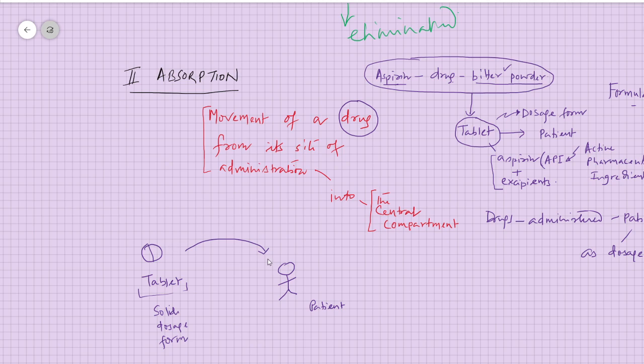It is administered to a patient in the form of a tablet, by a route of administration. What is the route of administration here? Here the route of administration is oral. So this tablet is administered by the oral route to the patient.